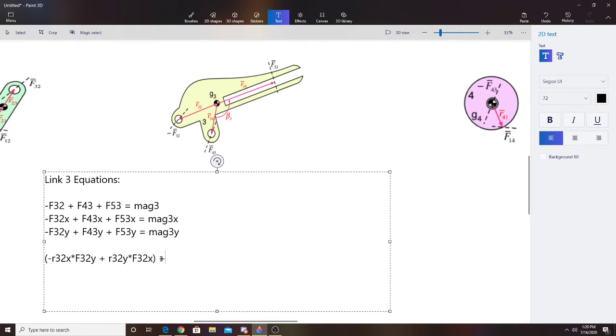So let's do 4-3 now. We have r43x f43y minus r43y times f43x. Once again, sticking to the script, nothing new here. And then we have to do the last one, which follows suit: r35x times f35y minus r35y times f35x.